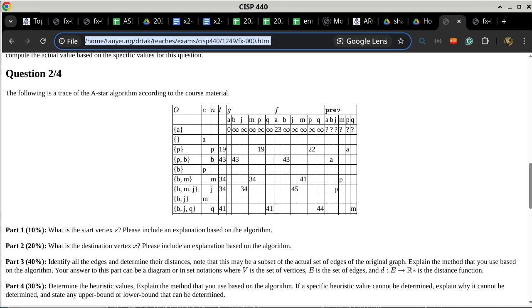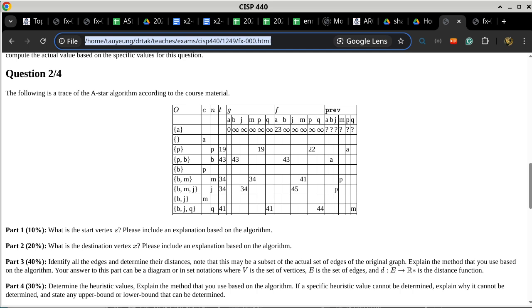Okay, and determine the distances. The distance is determined because of the way t is calculated. t is the g value of c plus the distance from A to P. So at the point when we first update the value of g of P, we can see how g of A at that time is 0.